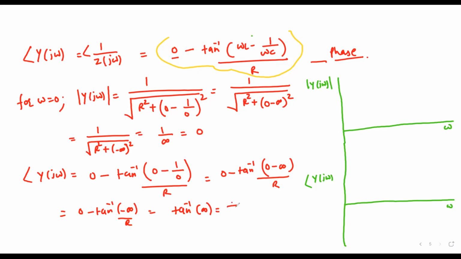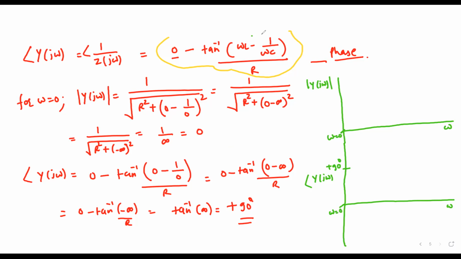It will be plus 90 degrees. Fine. So we start plotting the graph. The magnitude of the admittance is 0 when omega is 0, somewhere here, and the phase is plus 90. So let's say this is plus 90 degrees at omega equal to 0.